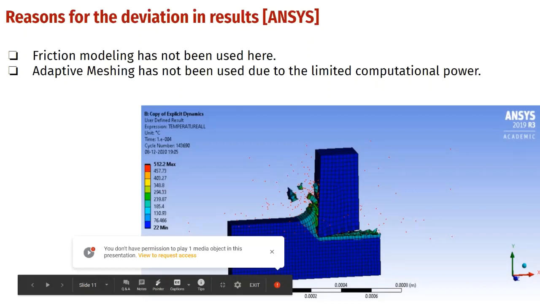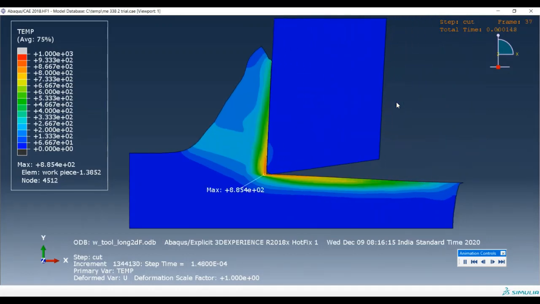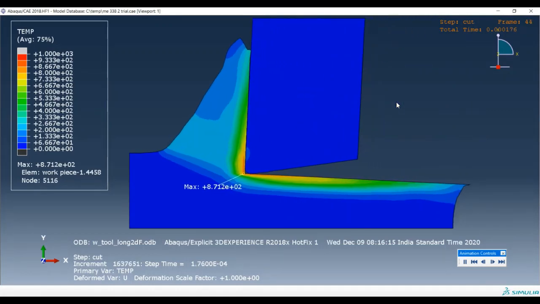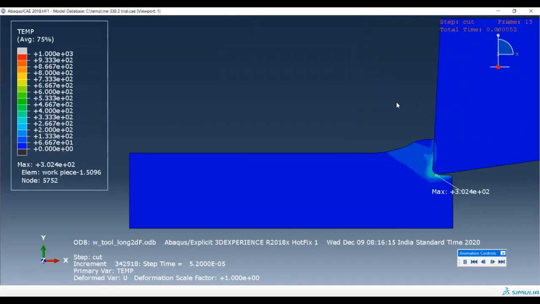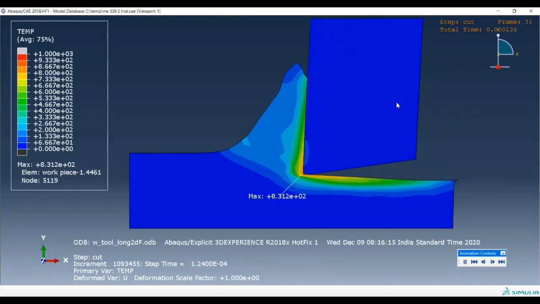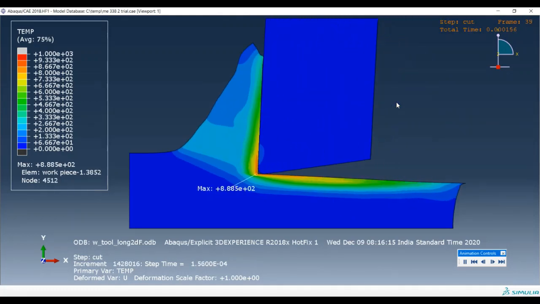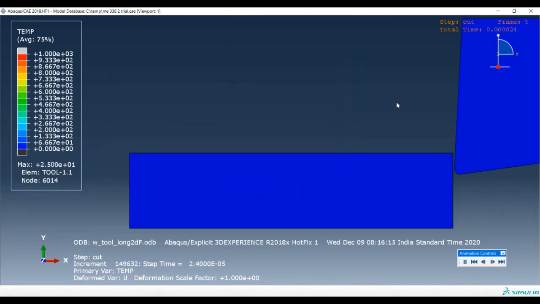Now we'll move on to Abaqus analysis, where we have used the element distortion control method. This is the FEM analysis done to see the effect of edge roundness on stress and temperature fields in the shaping process. The radius of the tool is 25 micrometers and the distance by which the tool advanced is 1 millimeter at a speed of 300 meters per minute.